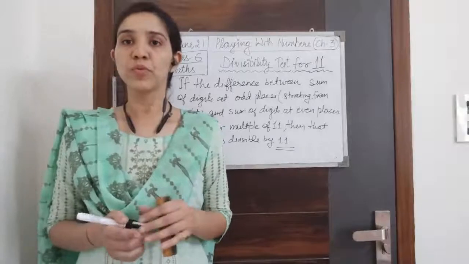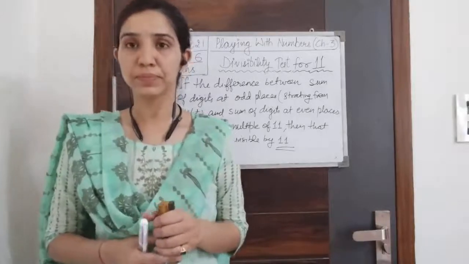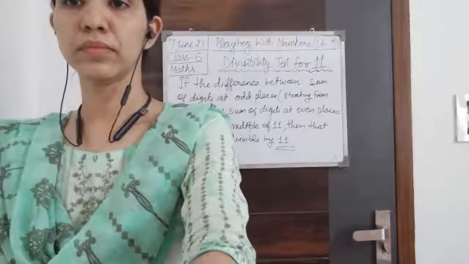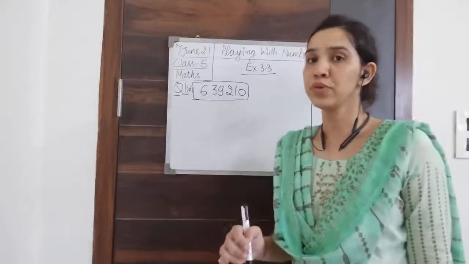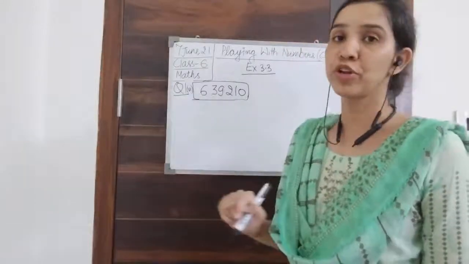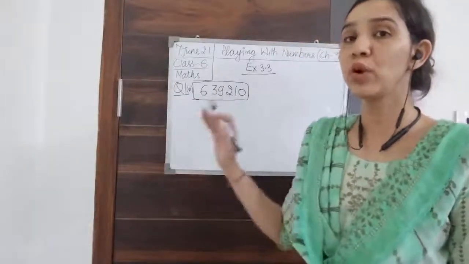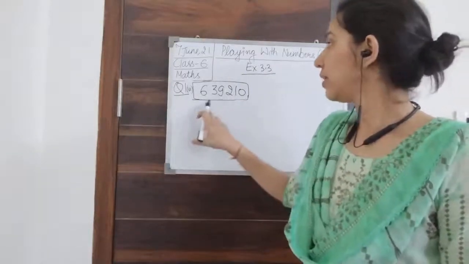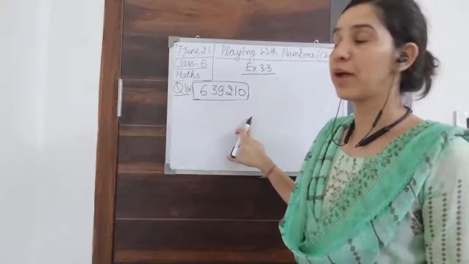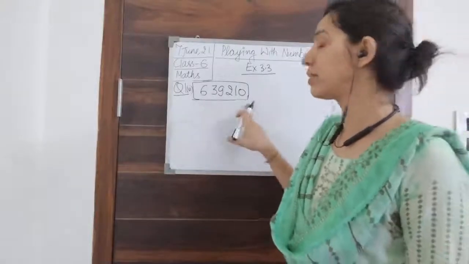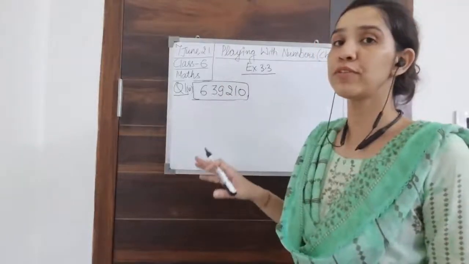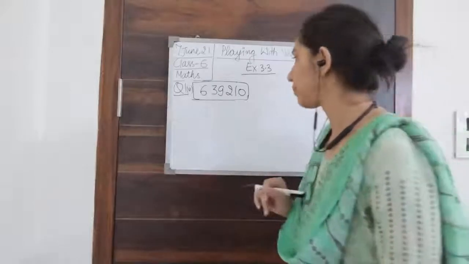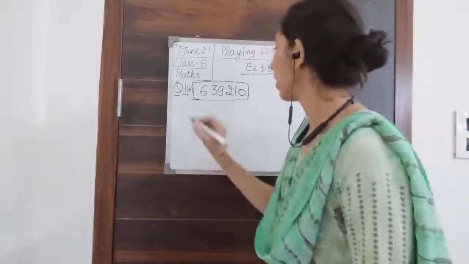Now we will do some questions from the exercise. Now we will do part 6 of question number 1 so that we can revise all the divisibility tests that we have done till now. Number is 69210 and we have to check divisibility of this number by all the numbers we have studied till now. Okay.